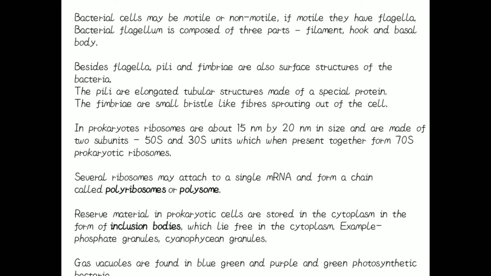Fimbriae are small, bristle-like fibers sprouting out of the cells. As I already clarified, the ribosomes present in the bacterial cell are of 70S type, having the subunits of 50S and 30S.